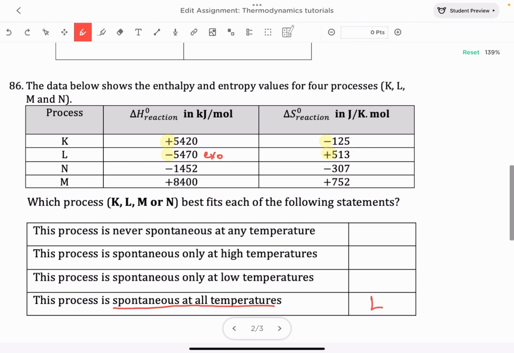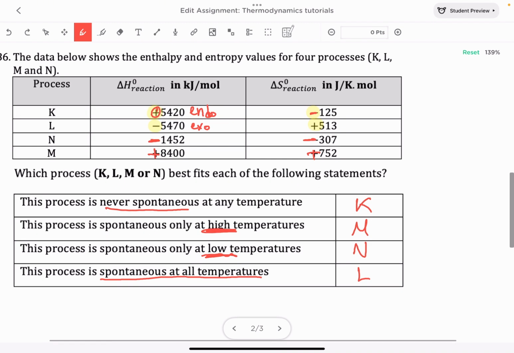And process K is endothermic because it's positive, and this one is decreasing. It's never spontaneous. Now, when both of them are negative, it is spontaneous at low temperature. When both of them are positive, it is spontaneous only at high temperatures.